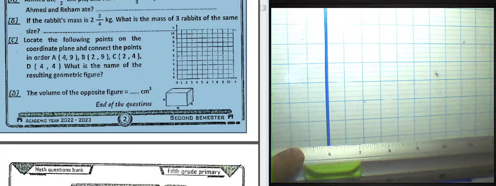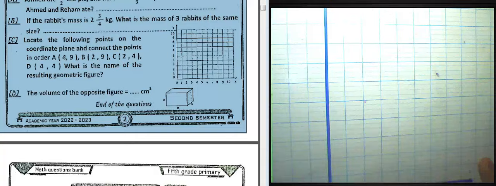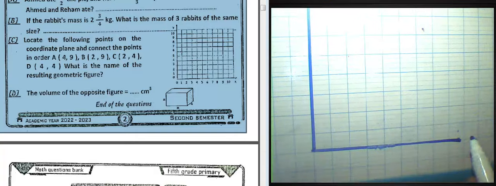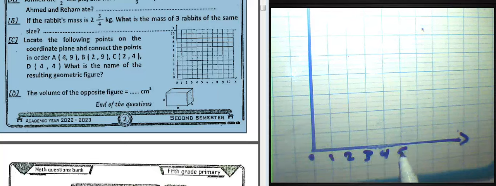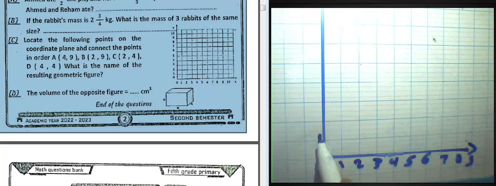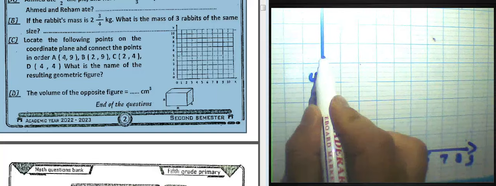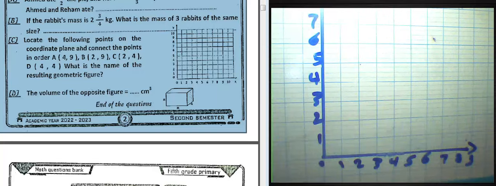Okay, my students, look at it with me here. We have here 0, 1, 2, 3, 4, 5, 6, 7, 8, 9, and here 1, 2, 3, 4, 5, 6, 7, 8, 9. First we can find the coordinate, the first order here about A.